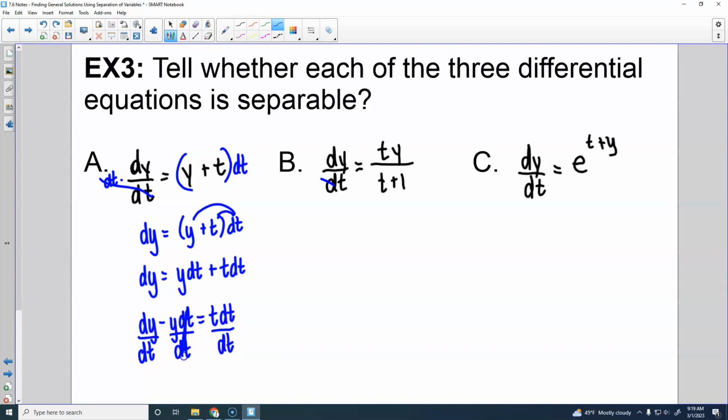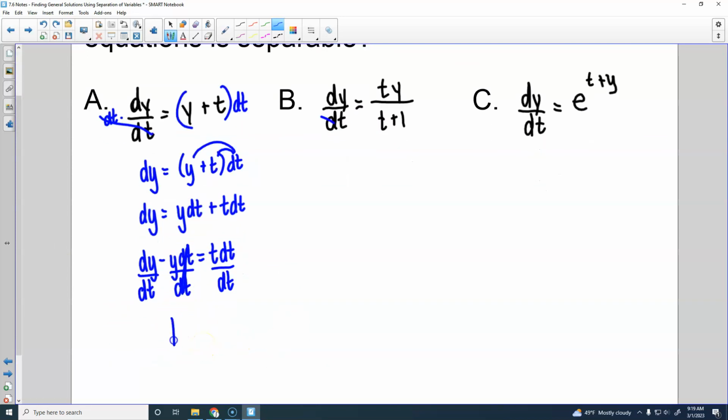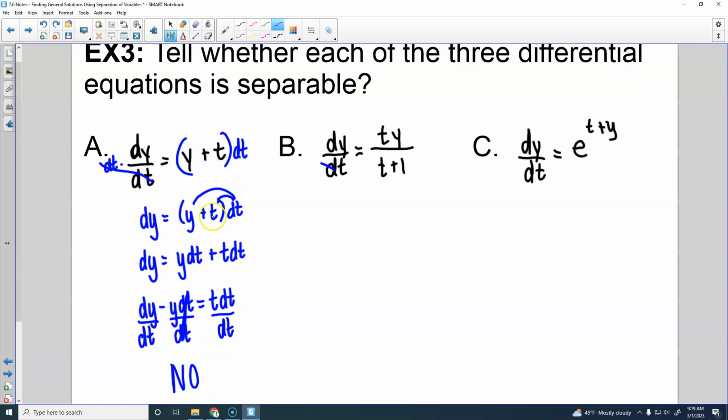So it'd get rid of this dt, but there would still be a dt on this side. I'm not going to be able to separate these. There's not any way that's going to work. So this one would be a no. In general, most of the time when you have a plus or minus sign between your variables, it's going to be an issue.